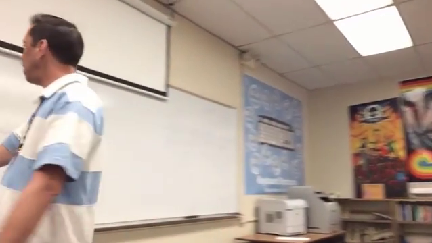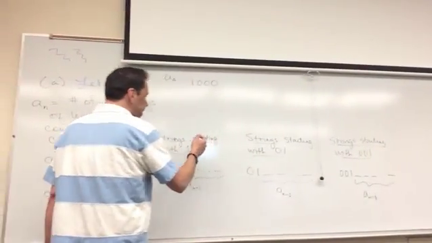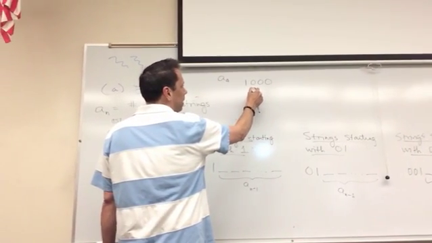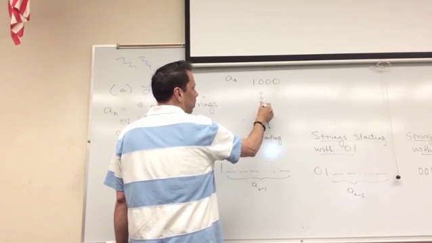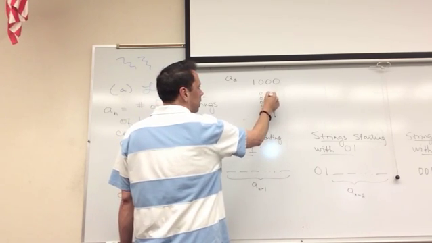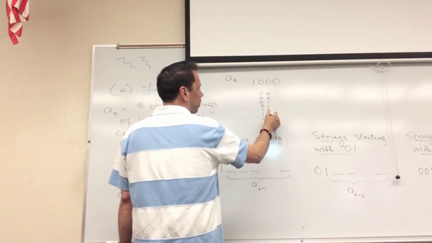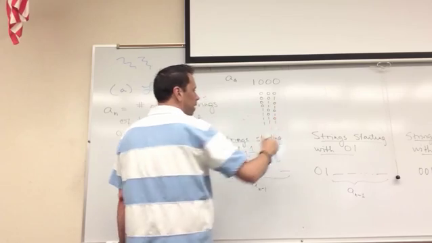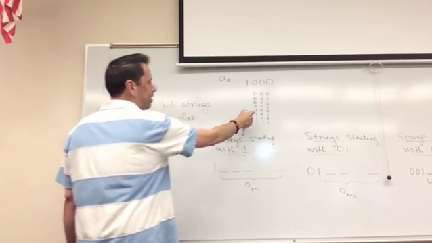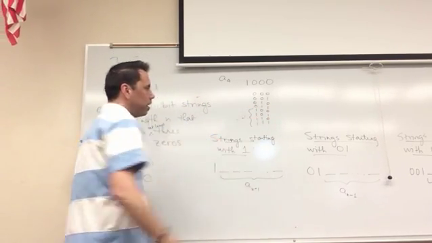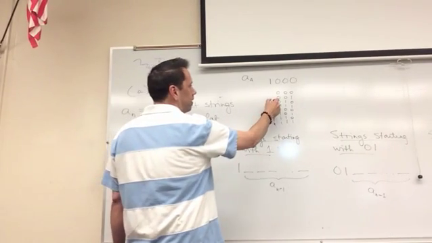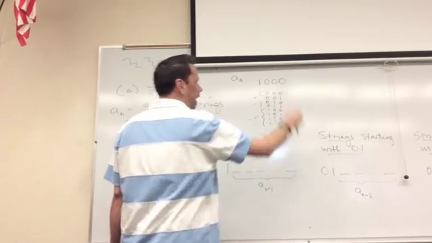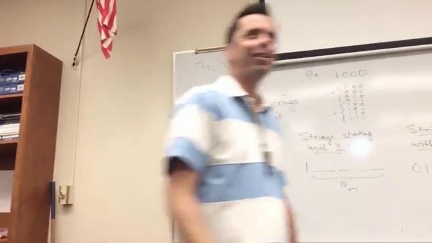There's 8 different possibilities for what the first three can be, like my truth table: 0, 0, 0; 0, 0, 1; 0, 1, 0; 0, 1, 1; and so on. Starting with 1 takes care of four of these. Starting with 0, 1 takes care of these two. Starting with 0, 0, 1 takes care of that one. The only one left is that, and this is totally different.